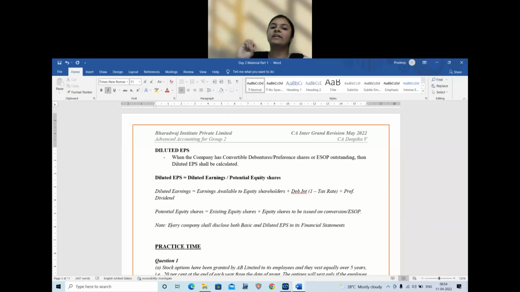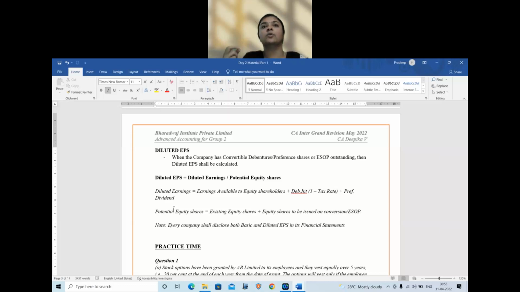So effectively 3 points you can remember: convertible debentures, convertible preference shares, issue of employee stock options. So in all these cases, there is a chance of issue of equity shares in the future. So we need to calculate diluted EPS to show what the EPS will be if the shares are diluted.